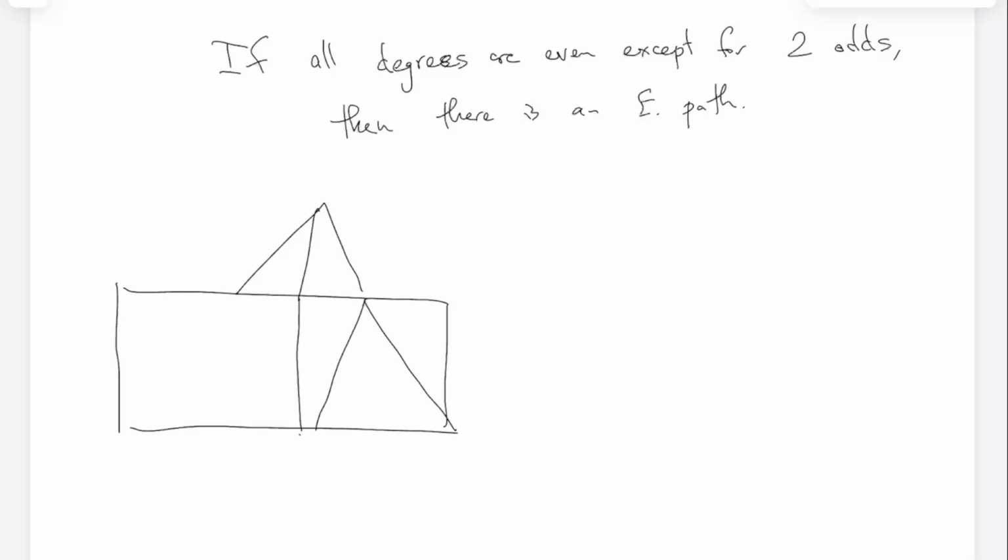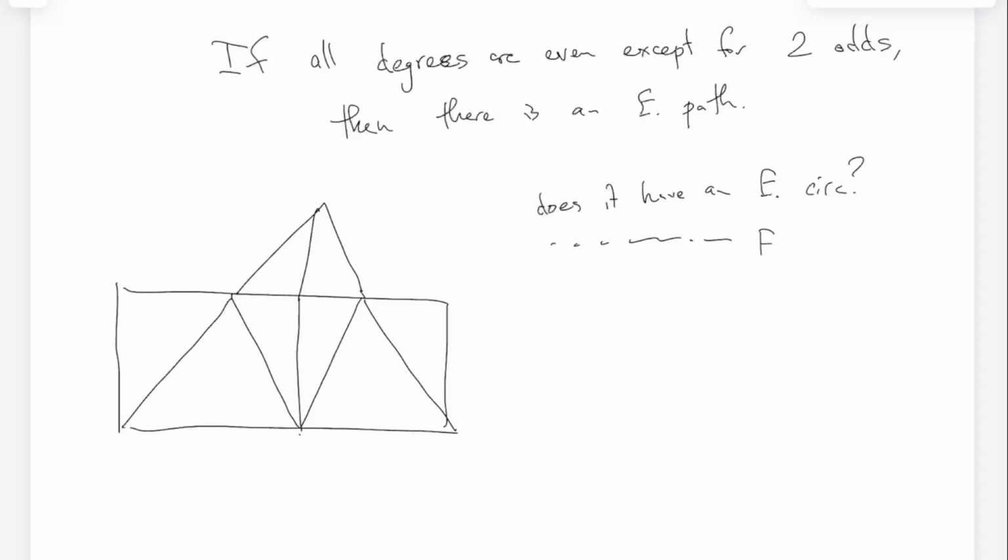So here, all of the intersections are meant to be vertices on this picture. Like so. All right, I would like you to tell me, does it have an Euler circuit? Does it have an Euler path?